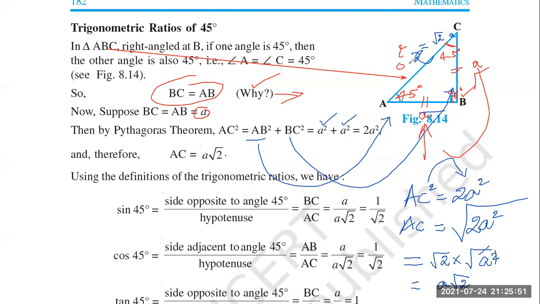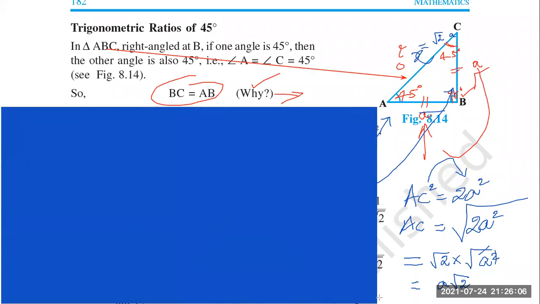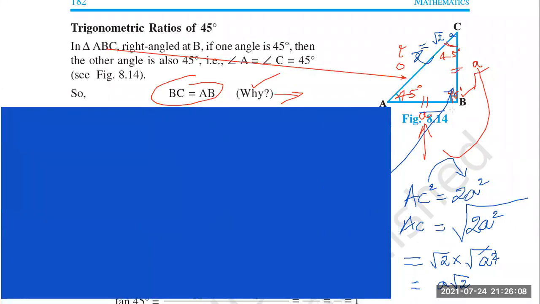Now we have all three sides of this triangle. अब हम 45 degrees ratio find करना हो. Which 45 degrees? Let us say sin 45 degrees. Let me apply mask over here. We have got all three values of the triangle.